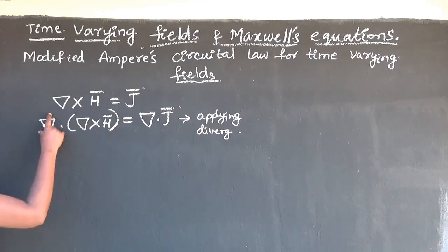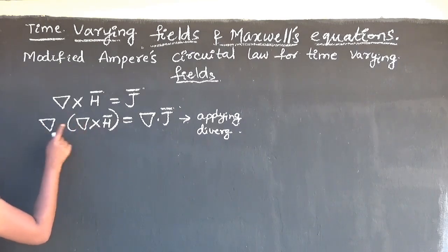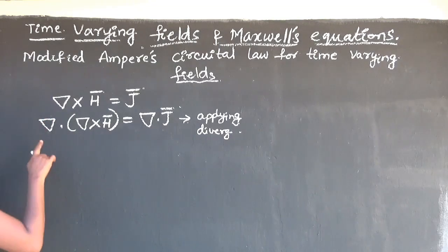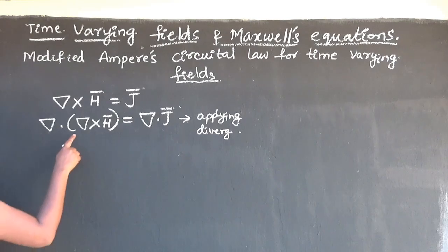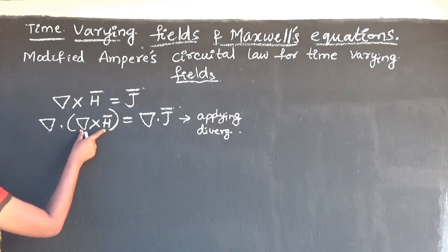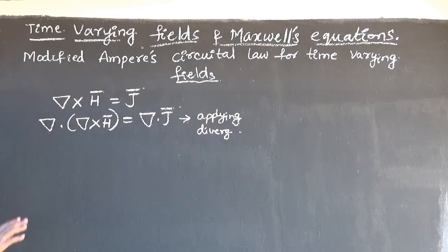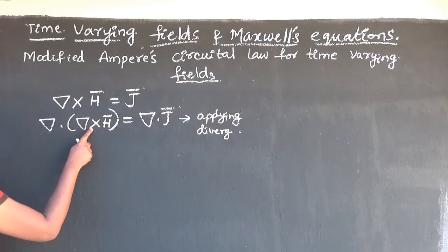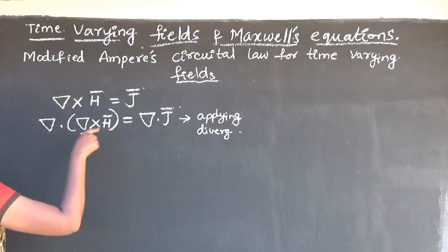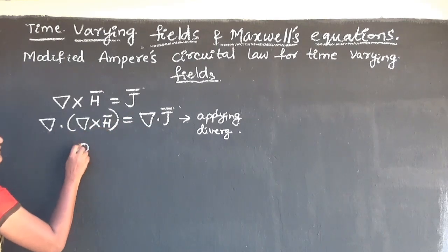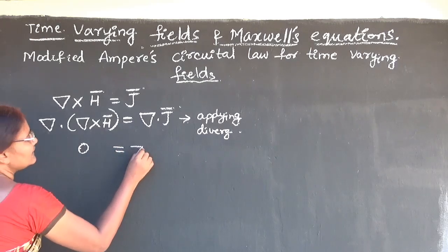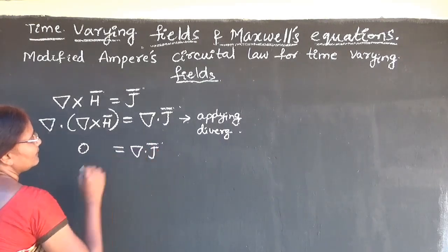Del dot is the divergence, and del cross is the curl. So divergence of a curl in the vector identities is going to be 0, and the right side is del dot J bar.